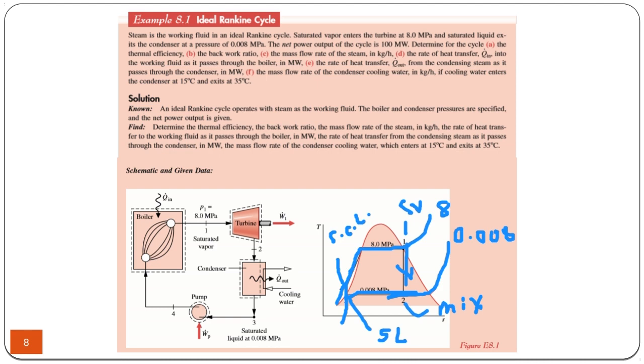So we would like to calculate the heat added in the boiler, work obtained from the turbine, heat rejected in the condenser, and also work to be delivered into the pump, which is less than 1% of the turbine work. This system produces power of 100 megawatts.